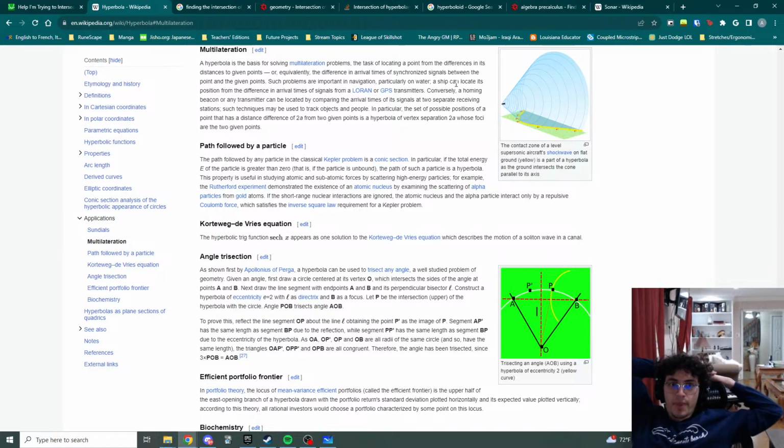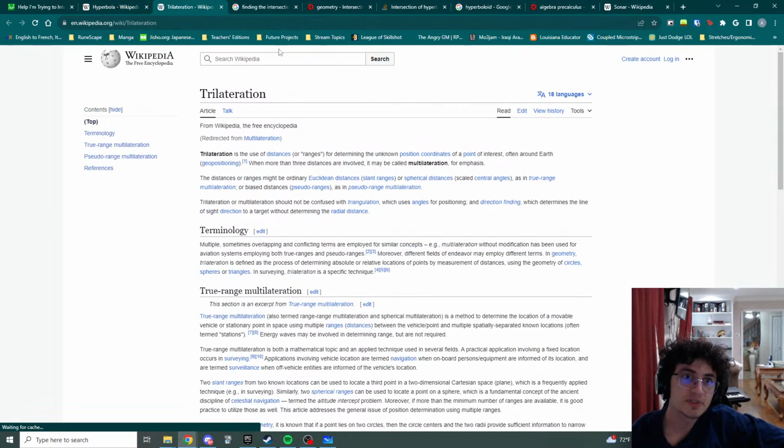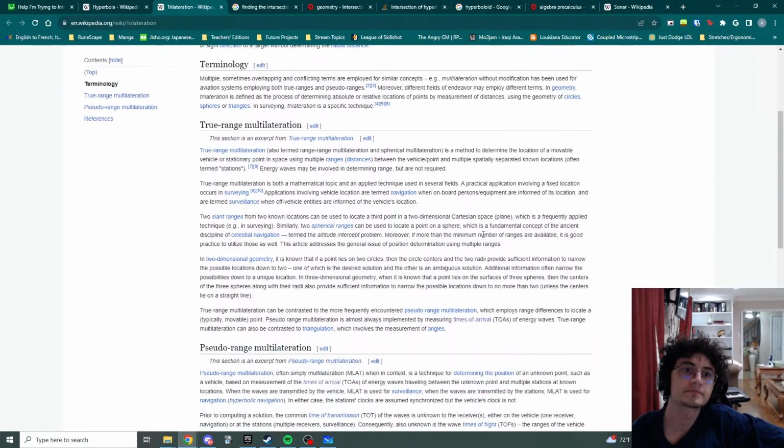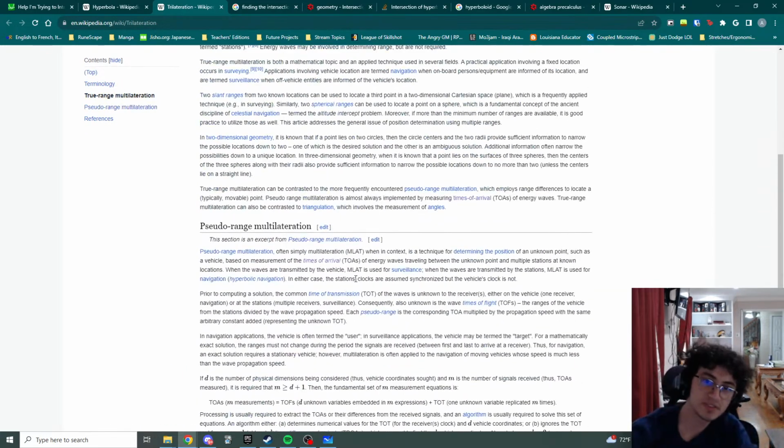Okay. Multilateration. Let's look at this. They discuss the methods, but they don't discuss much of the calculations. Because an Arduino is not that powerful.